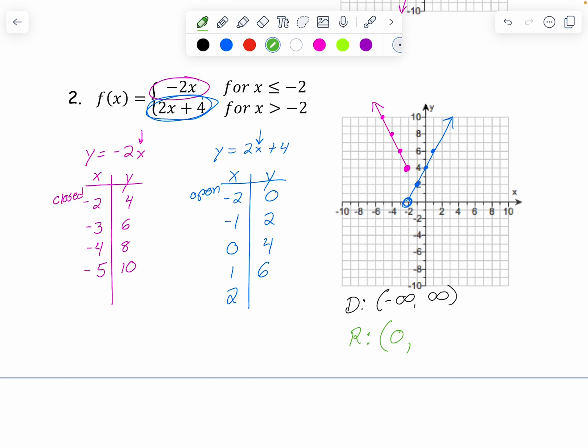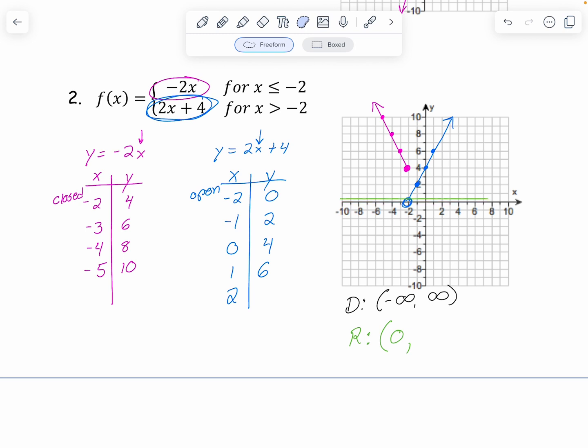Then from there, okay, here's another place we need to be careful. We do have a break here between those 2 points. However, we are looking at just y values. So let me kind of try to visualize this for you a little bit better. If I take my horizontal line, so I'm looking at y values. So here we have a y value of 0. Now, can't equal 0, that's fine.